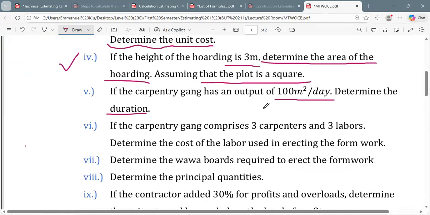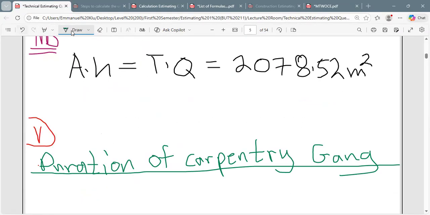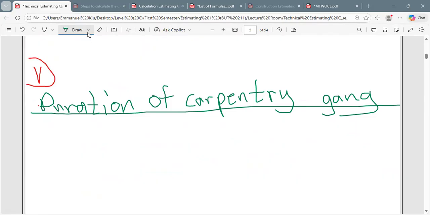Okay, so carpentry gang, you see their duration. I believe we have all seen it. Okay, so it's still the same formula we are going to be using.